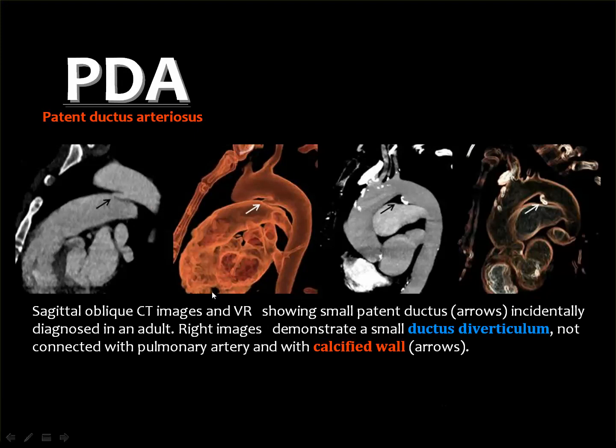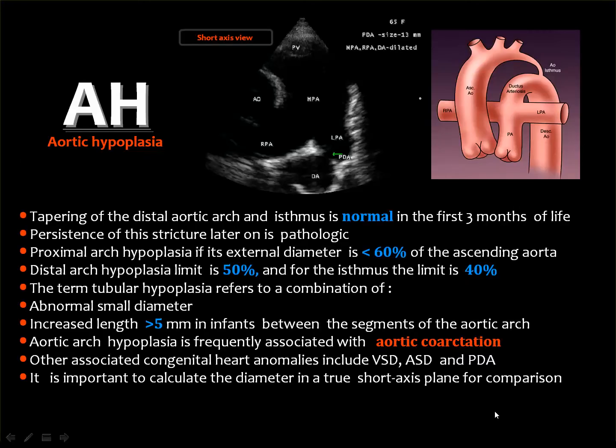And here is another example of what we call ductus diverticulum, meaning that it looks like a diverticulum. It is patent from the aortic side, but is closed from the pulmonary side. And also you can see some calcific spots along the course of the ductus.